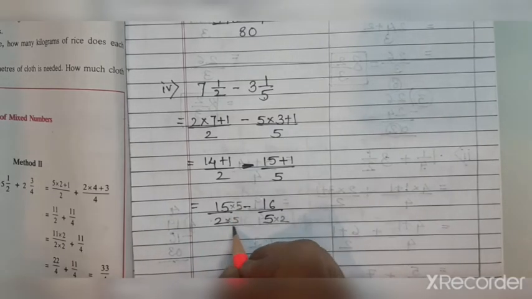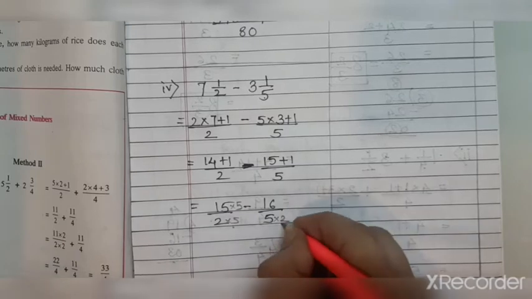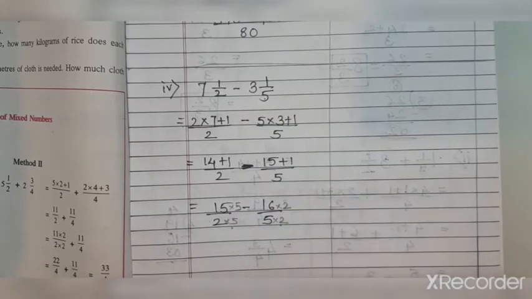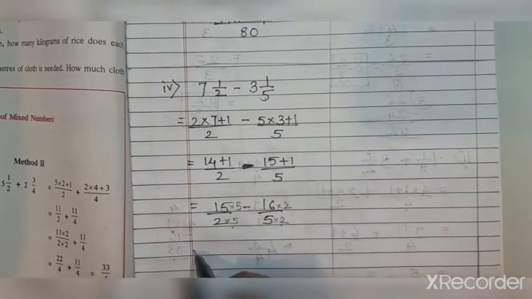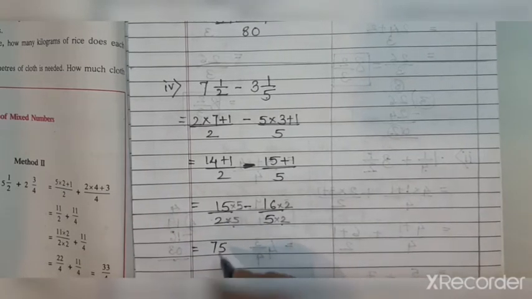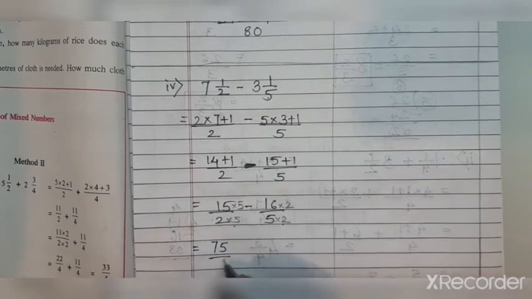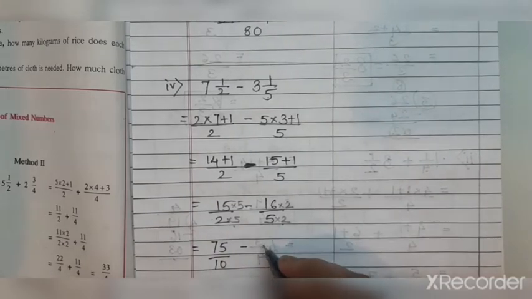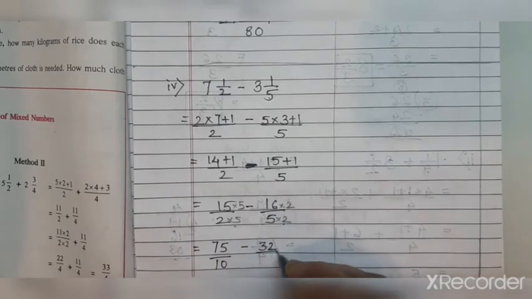If I multiplied 5 down, 5 up. If I multiplied down with 2, up also I will multiply with 2. Now, 15 5s are 75 upon 10 minus 16 2s are 32 upon 10.